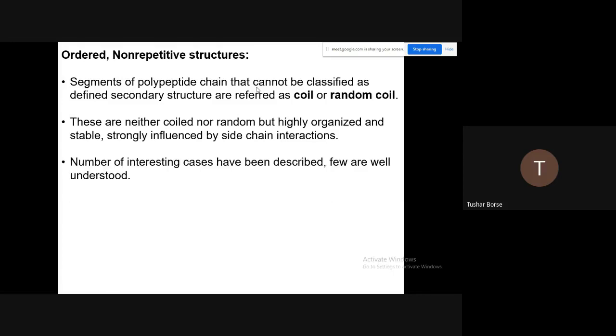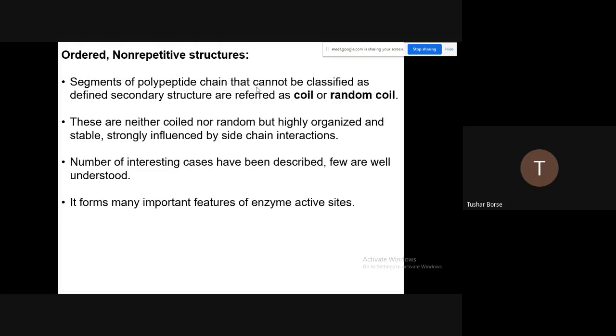These are very interesting structures, because these are the structures where you can go for protein engineering. Scientists are trying to focus on these particular regions. Although we are not able to understand the actual function of this particular region, the research is going on, and we are trying to understand what the specific role could be.